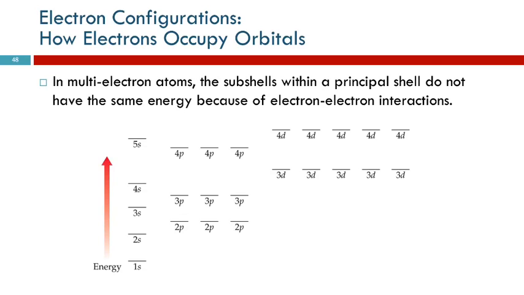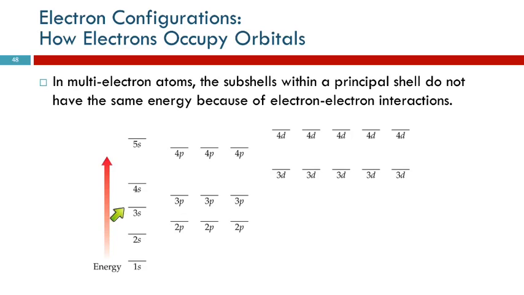Just to make things more complicated, and really probably a big reason why the Bohr model didn't work, in a multi-electron atom, which is everything but hydrogen, the subshells within a principal shell do not have the same energy because of interactions between the electrons. So we would expect that the S subshell and the P subshell in the second shell would have the same energy, but the p is actually a little higher in energy.